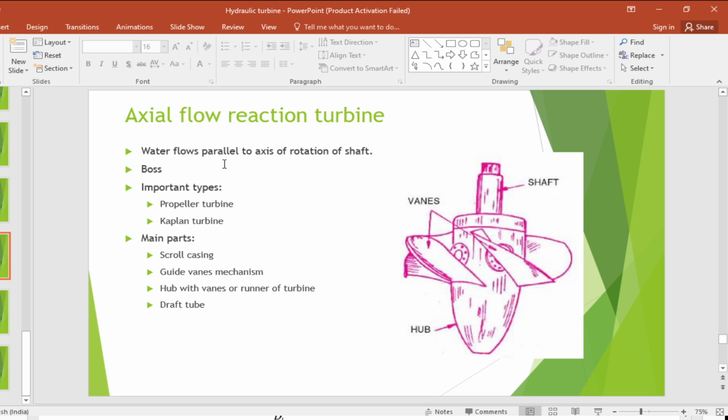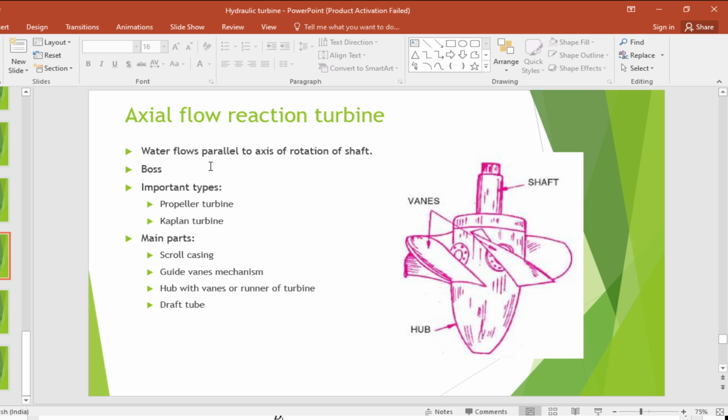If the head at inlet of the turbine is the sum of pressure energy and kinetic energy, and during the flow of water through the runner a part of the energy is converted into kinetic energy, then it is called an axial flow reaction turbine. This is the combined definition.